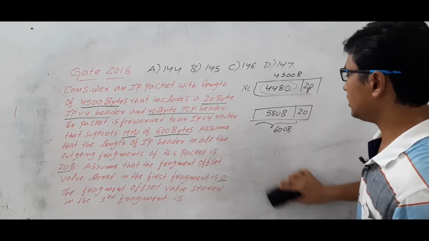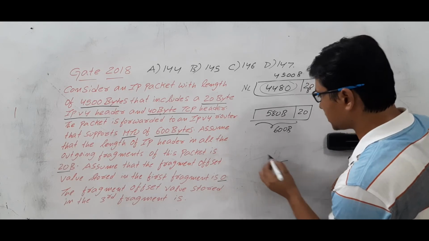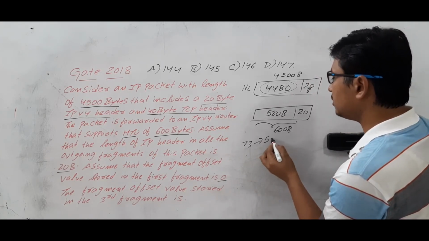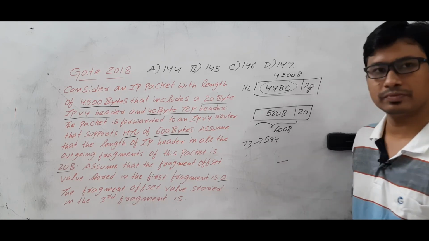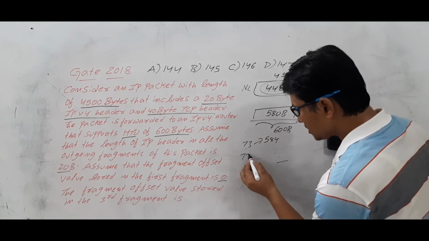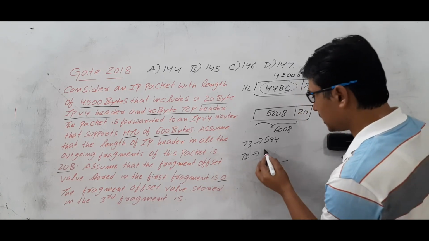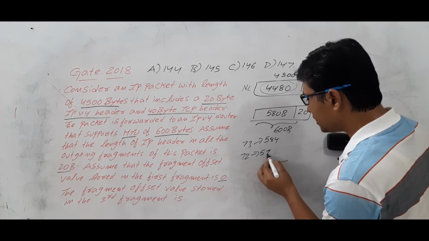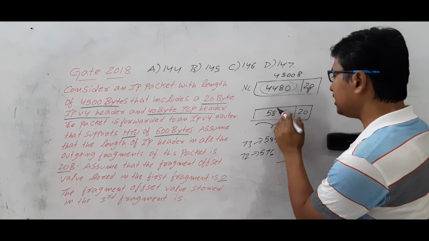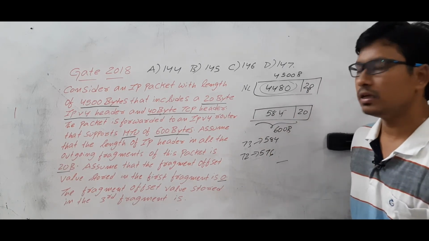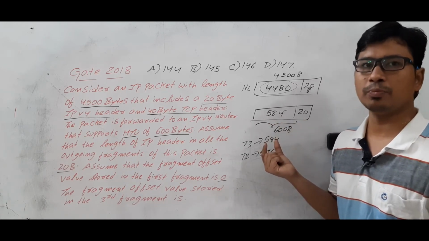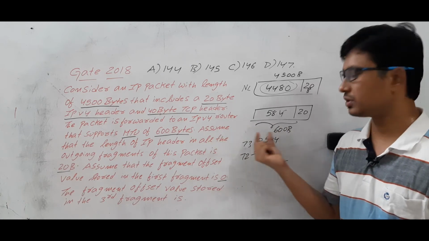If I keep the value 73 in the fragment offset, what is the meaning? The data I am sending is 584, but I am sending only 580. So if I keep 72, I am sending data of 576. Now remember one thing: if I keep 584 bytes of data here, the total size will become 604 bytes, which is not possible because the MTU of the router is 600 bytes.